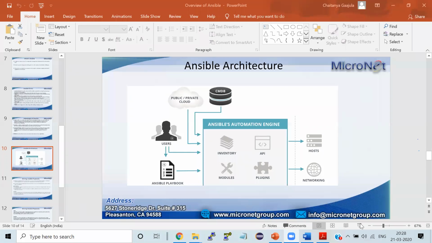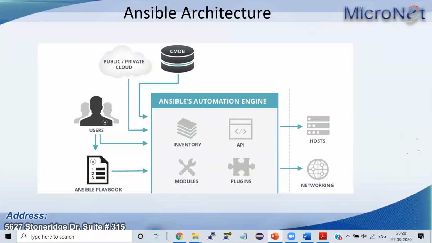So the question about Ansible architecture, I repeat once more. First, you create or install Ansible on a machine, like on a virtual machine, on-premises, or on a cloud like EC2. That is your control machine or automation machine, and I'm going to do this in the demo.